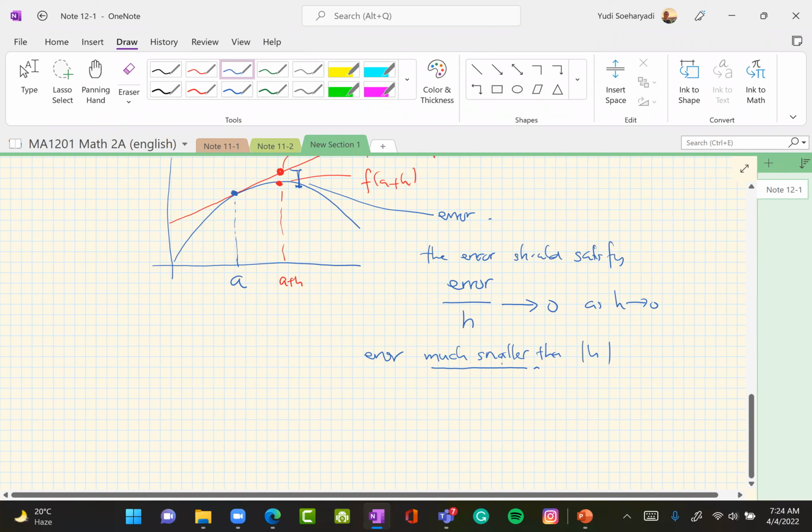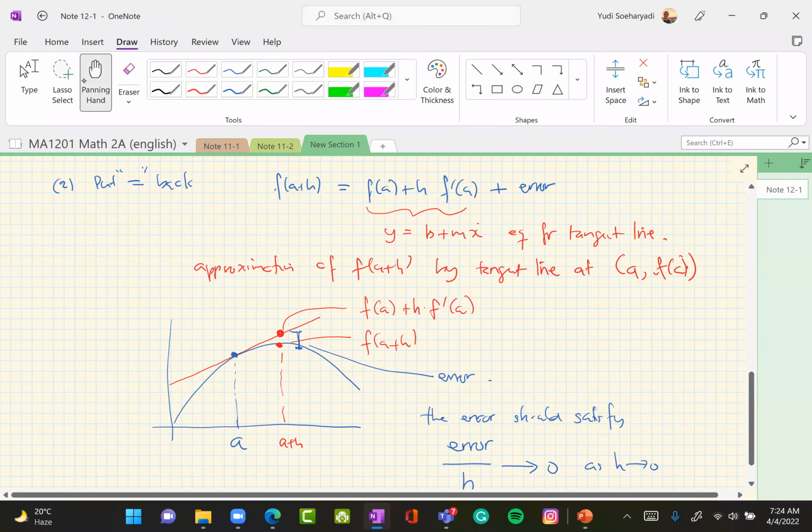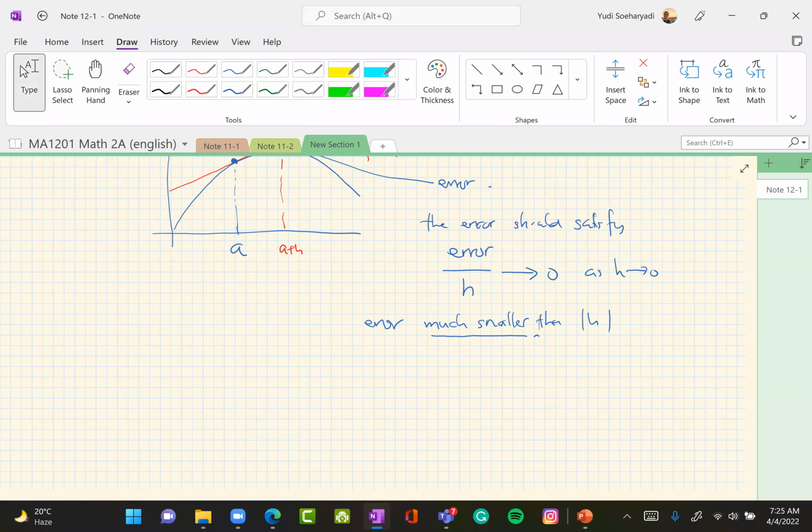Okay, so this is the meaning of differentiability in terms of approximation by the tangent line.